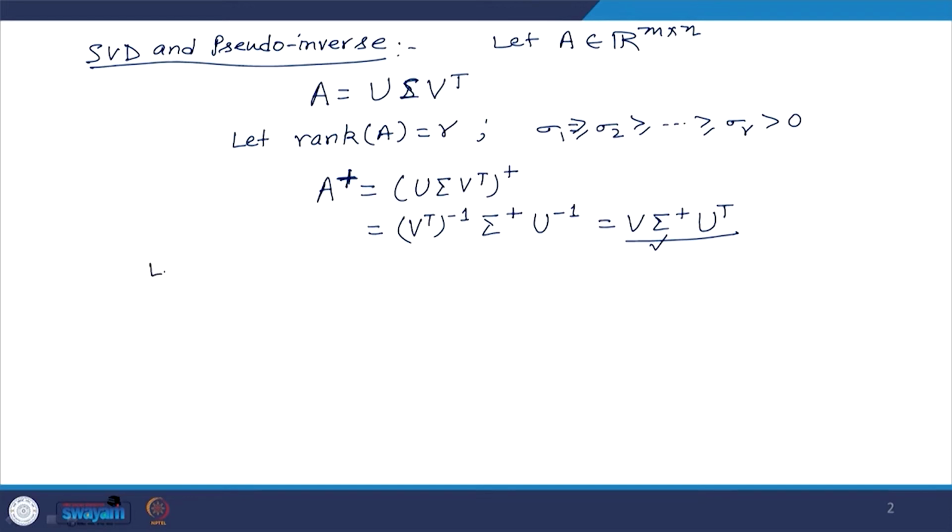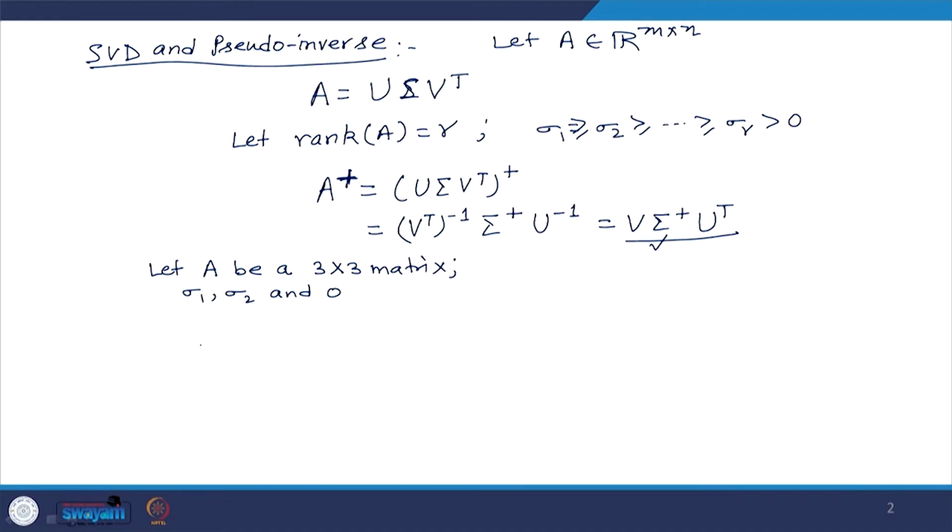So, let A be a 3 by 3 matrix. I am taking some examples, and the singular values are sigma 1, sigma 2 and 0. So, sigma 1, sigma 2 are not equal to 0 here, meaning I have 2 non-zero singular values and one 0.